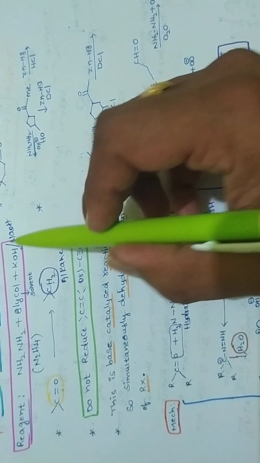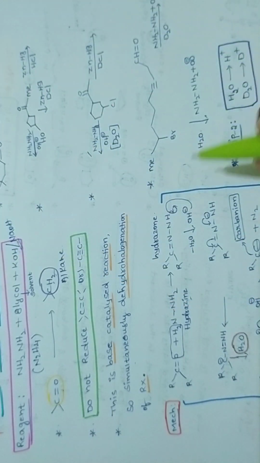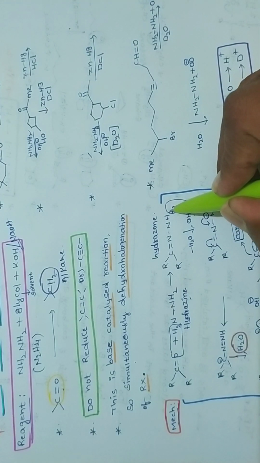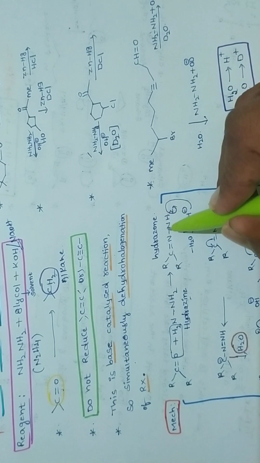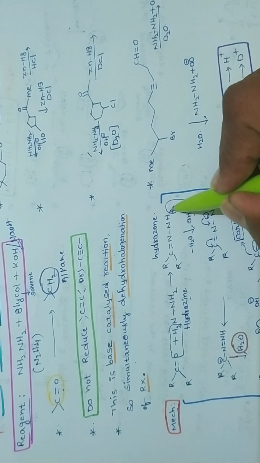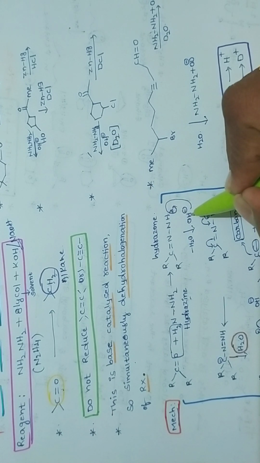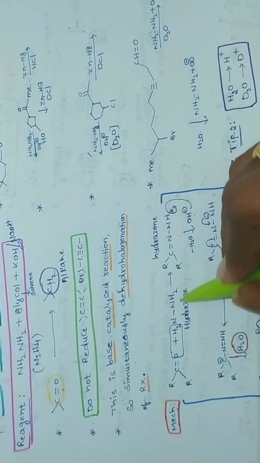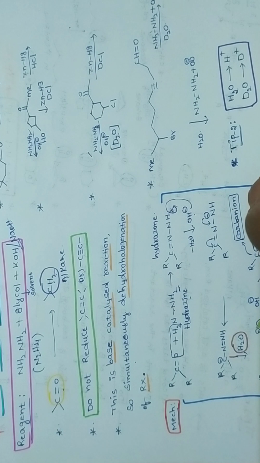Now here we are using a base. This base abstracts this hydrogen, because this hydrogen is connected to nitrogen, so it is an acidic hydrogen. An acid base reaction takes place. This base abstracts one of the NH2 hydrogens, then water is eliminated, and we get N minus.